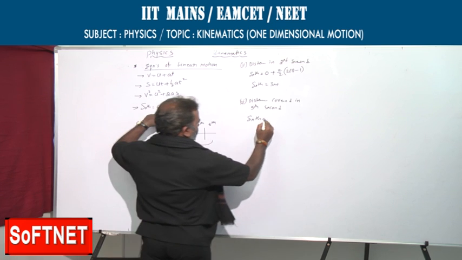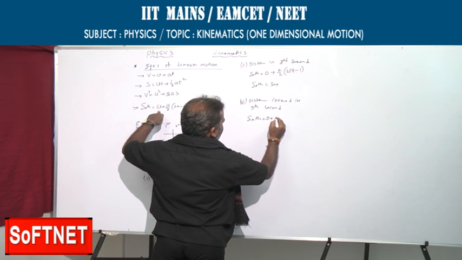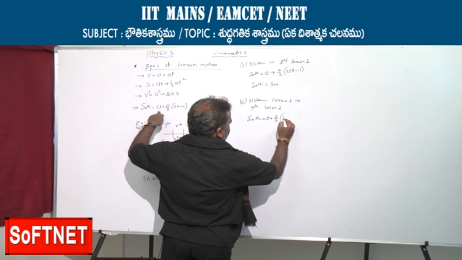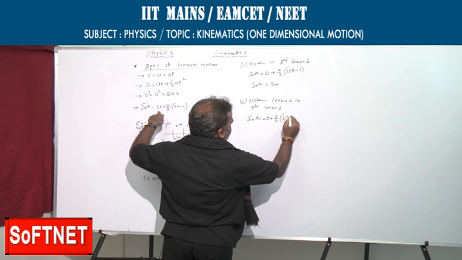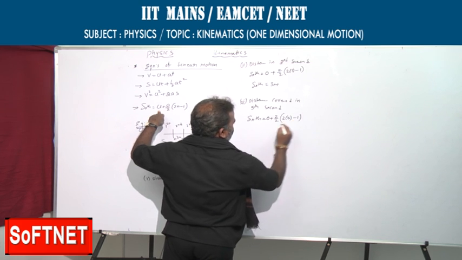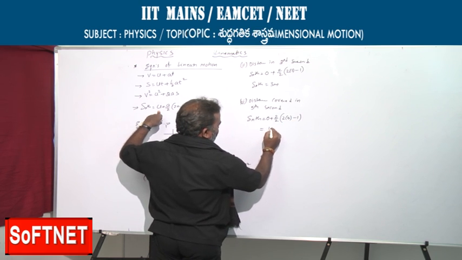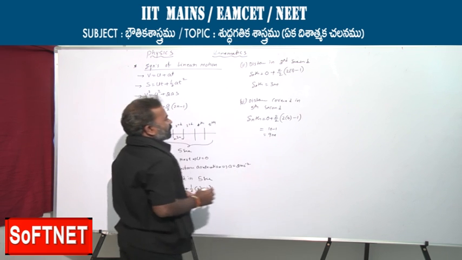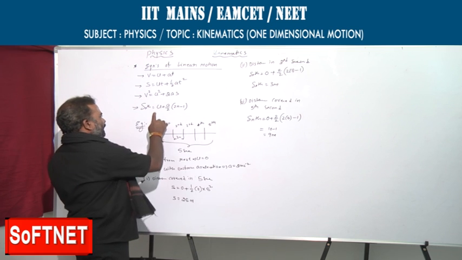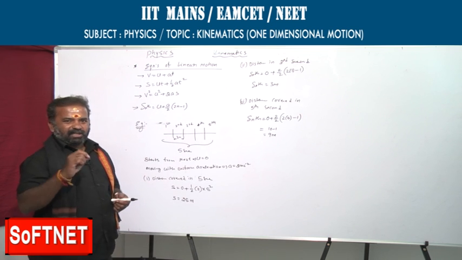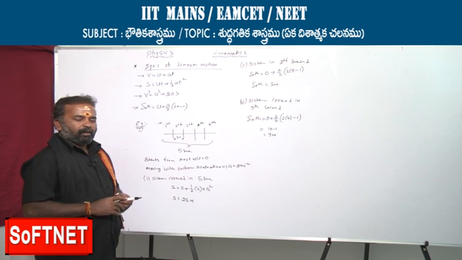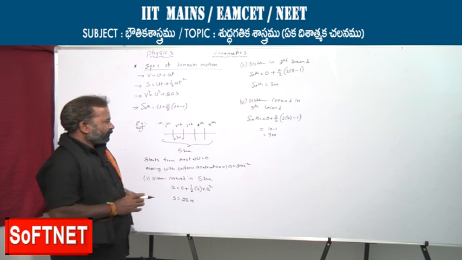U 0 plus A 2 meters per second square. N is 5 because we want in fifth second. Now this is 10 minus 1 which is equal to 9 meters. So this is how we will apply nth equation. Distance covered in a particular second is what we do for nth equation.